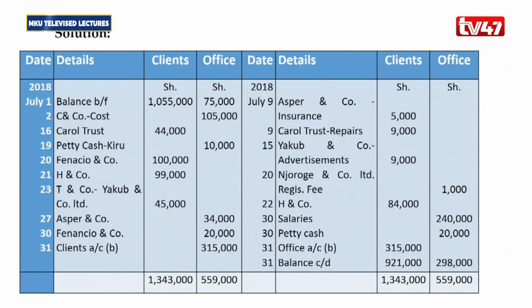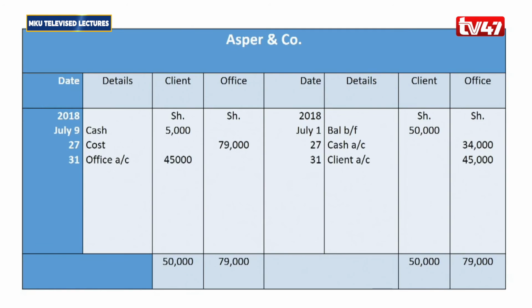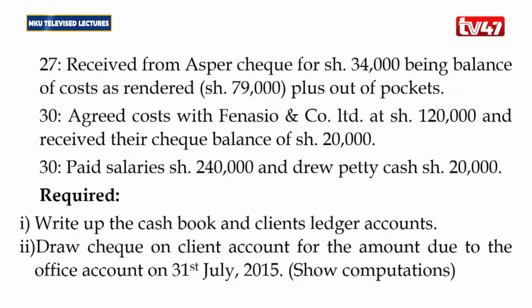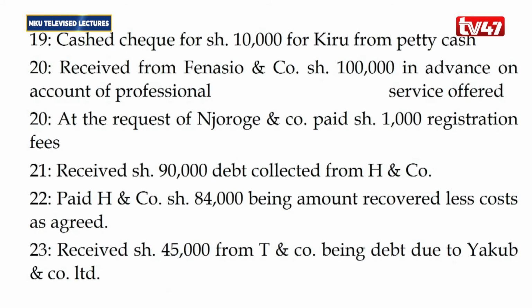So when you go here, you go to H&C, maybe I need to explain, because on 22nd, again we have H&C. And if you look at H&C, we have 84,000 being amount recovered. So we have already received this money, this 90,000. But if you look at this next transaction, we are saying we are paying this money, but this is money that includes or excluding these particular costs.